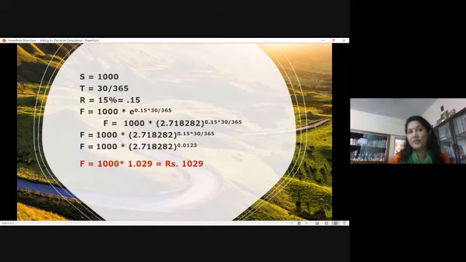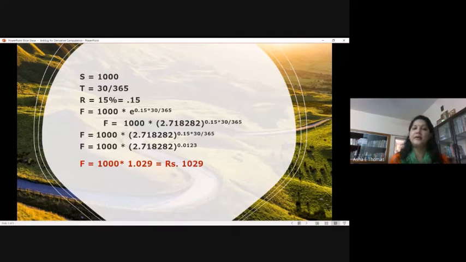Now we know the formula. If we go with the concept of continuous compounding, that is spot is 1,000. Spot into a mathematical constant, which is applicable in such cases. It's actually the base value. Here we took e.